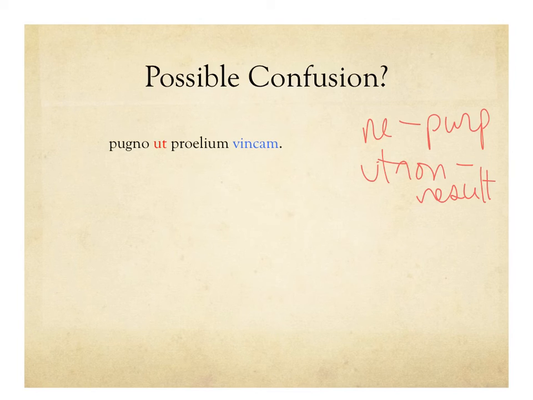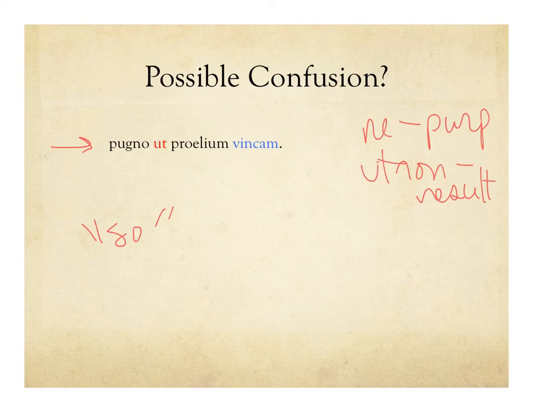Because result clauses often have that so word, but they don't have to have it. And so you can see in this sentence, if I took out the tam fortiter, right, pugno ut proelium vincam, I am fighting so that I win the battle. Am I fighting so that with the result that I actually win the battle? Or am I fighting in order to win the battle?